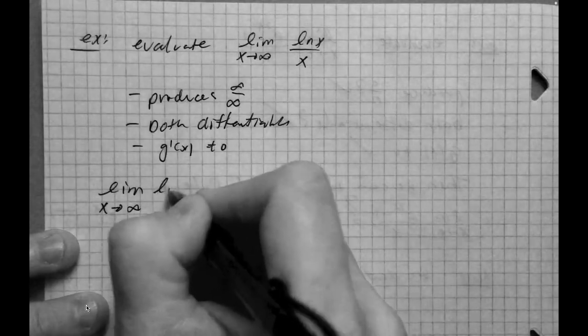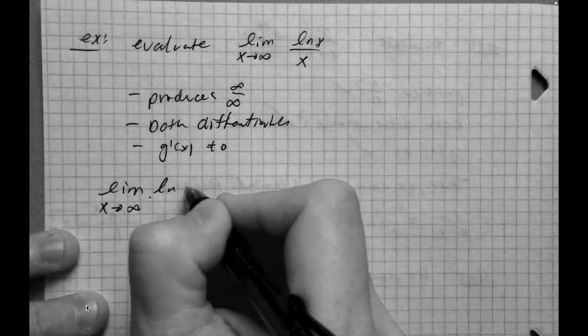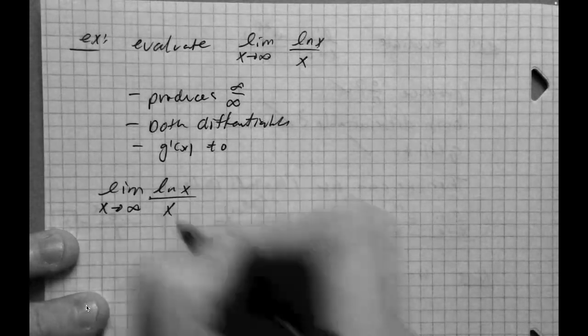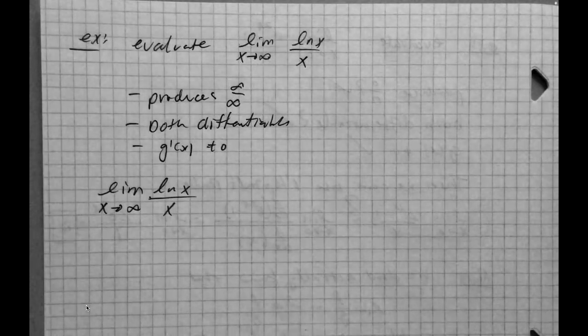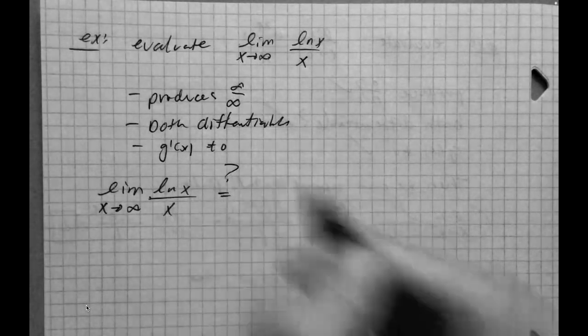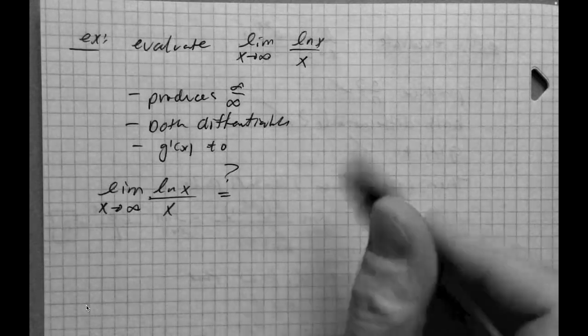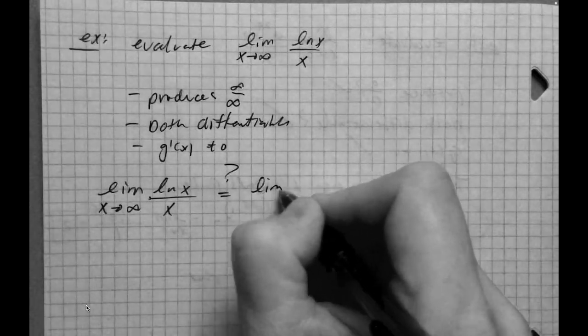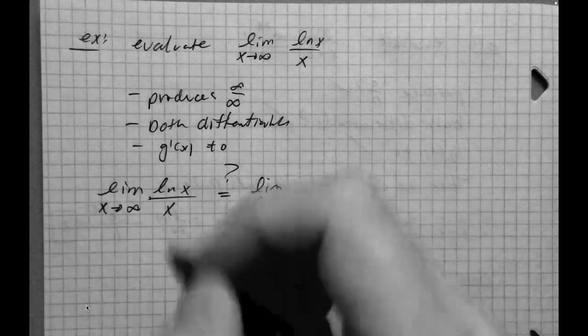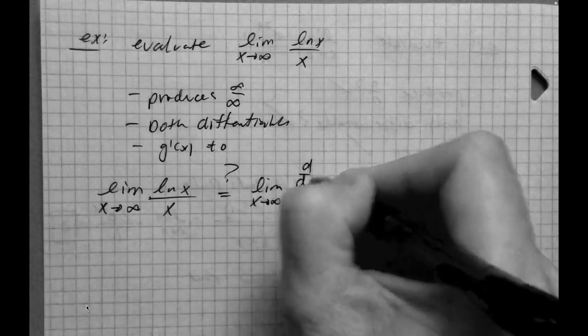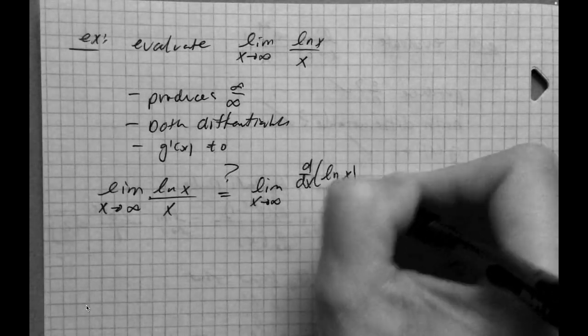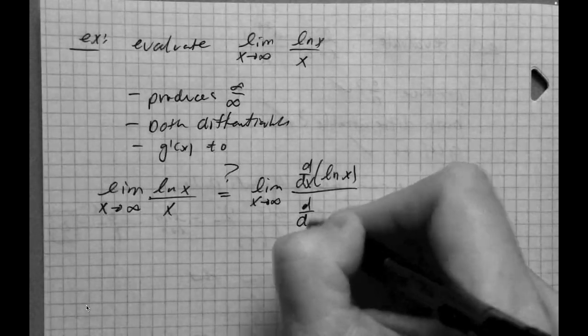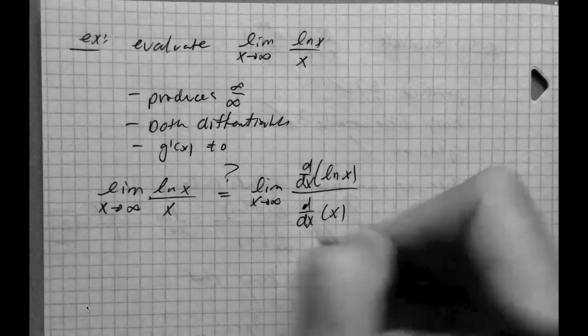So the limit as x goes to infinity of the natural log of x over x. According to L'Hopital's rule, if the limit exists, this should be equal to the limit as x approaches infinity of the derivative of the natural log of x over the derivative of x.